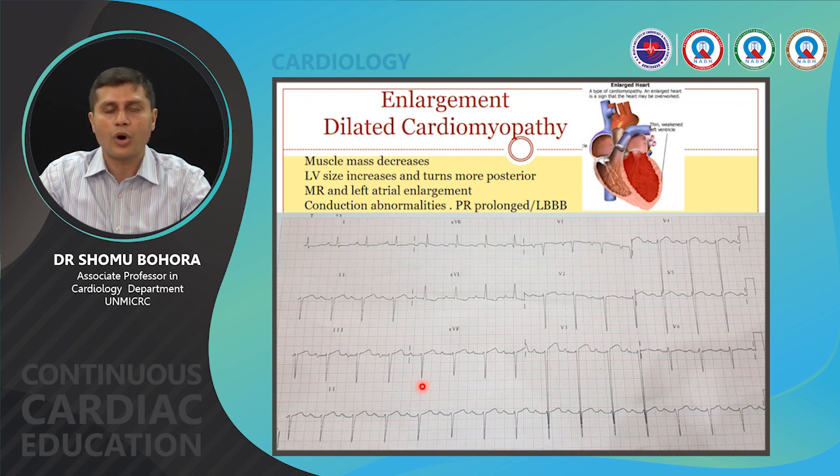There may or may not be an increase in the PR interval. There is a late transition mostly in such patients because the LV is rotated, and an LBBB may come later on. So the presence of a late transition, left atrial enlargement and maybe a low voltage in the limb leads suggests a dilated cardiomyopathy.